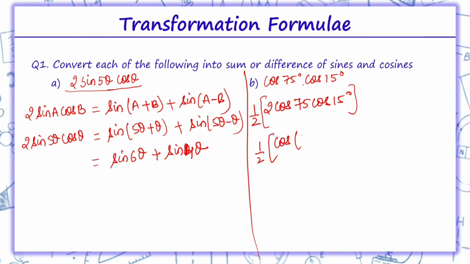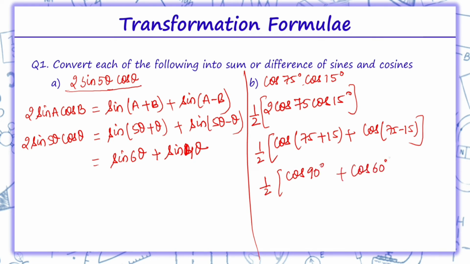So we write cos(75 plus 15) plus cos(75 minus 15). Thus here we'll get cos 90 plus cos 60. So this is how we can convert these products into the sum or difference of sines and cosines. Now we can apply the values: cos 90 is 0 and cos 60 is 1 by 2. Thus our answer will be 1 by 4 only.